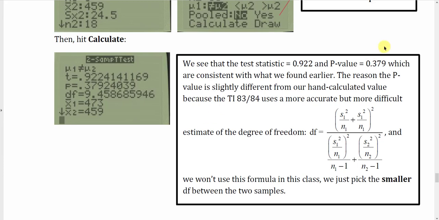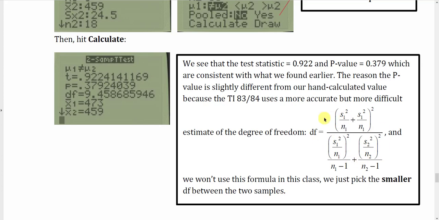The reason the p-value is slightly different from our hand calculated value is that the graphing calculator, the TI-83 or 84, uses a more accurate formula to estimate the degree of freedom. The degree of freedom is calculated by this complicated formula. Remember, for our hand calculation, we only pick the smaller degree of freedom between the two samples.